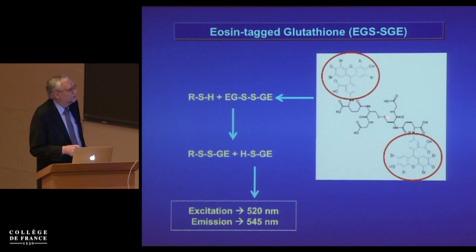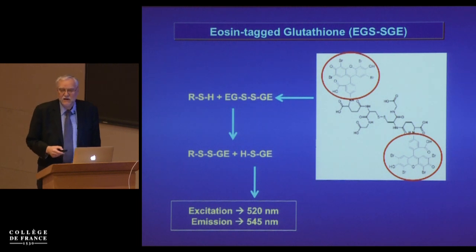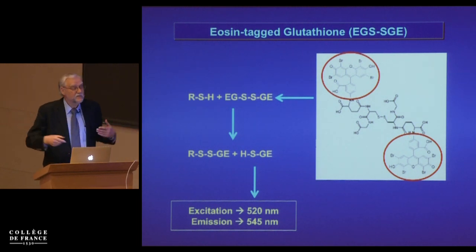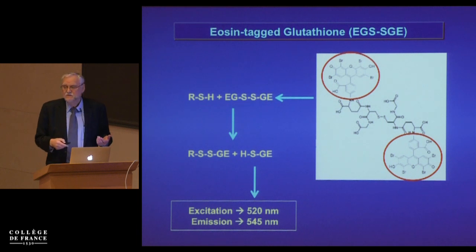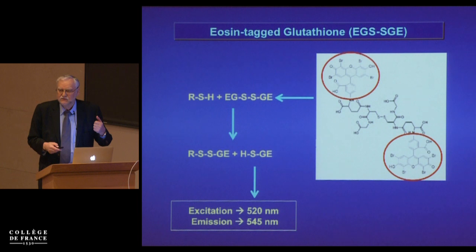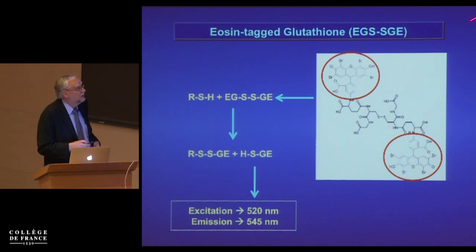Here is a disulfide bond, and here is a single glutathione. And if you take glutathione disulfide, it has 2 amino groups, and those can be reacted with eosine isothiocyanate. Eosine is, of course, a colored compound which is used to stain cells. In this case, this is an eosine residue here and one here.